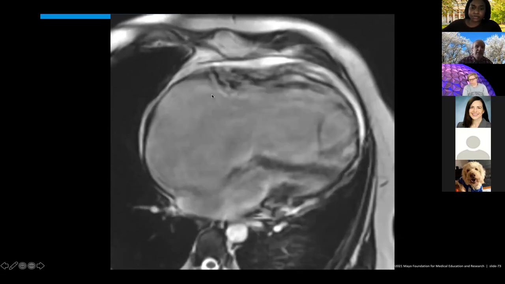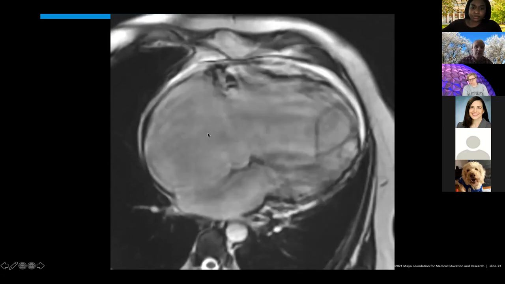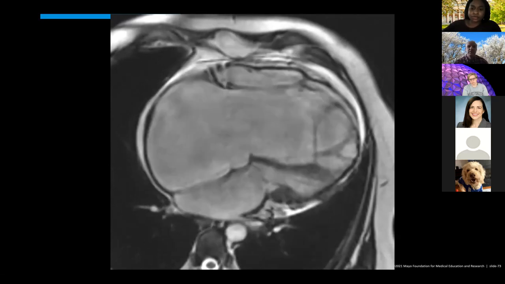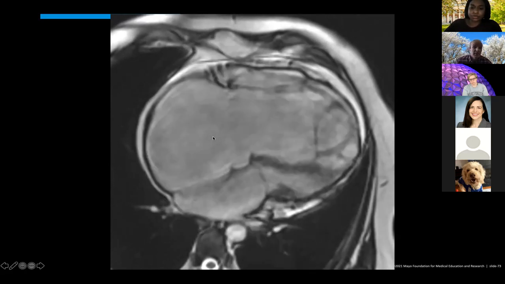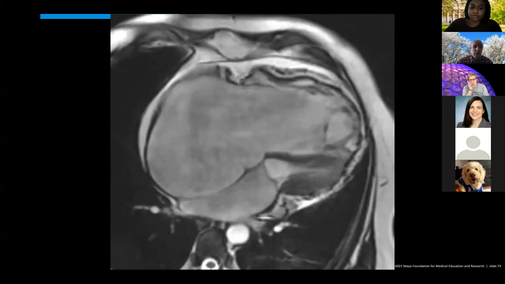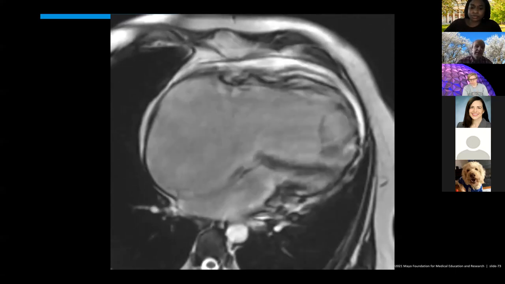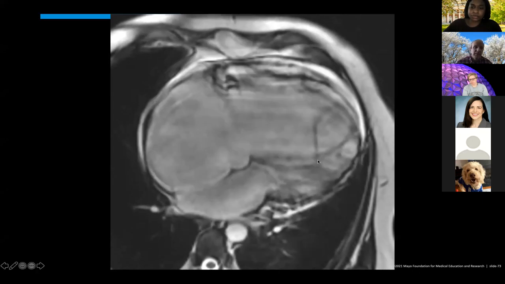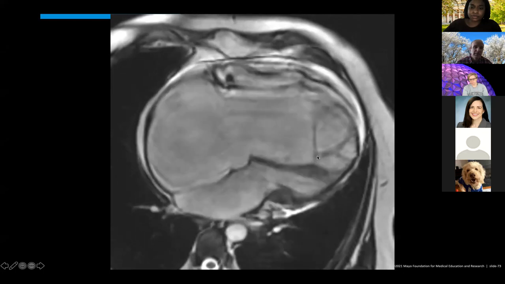And then you have humongous right atrium and right ventricle. And there's very few things that will give you this much right ventricular and right atrial enlargement. One of them is what this patient has, and that's Epstein's anomaly, where you have apical displacement of the septal leaflet of the tricuspid valve.